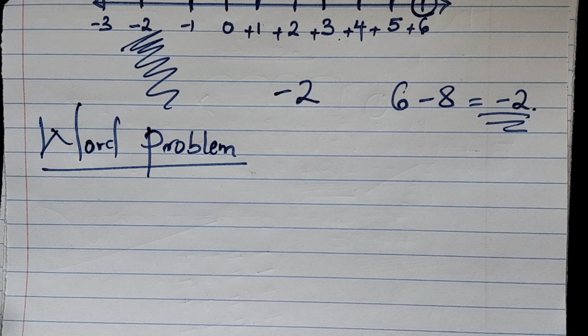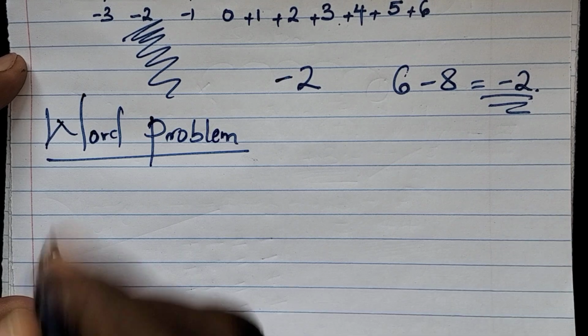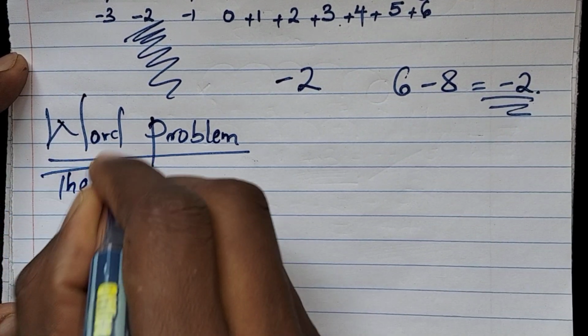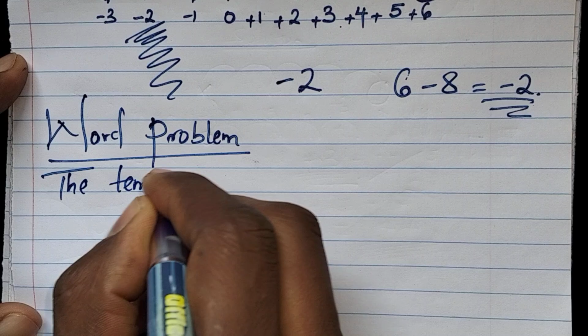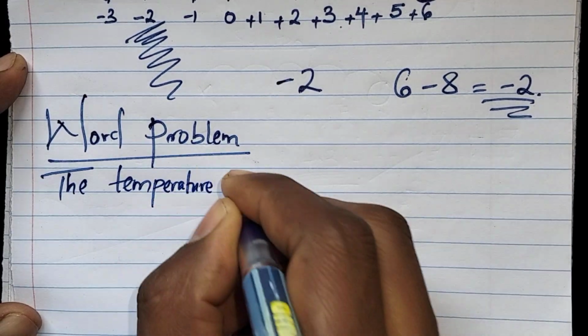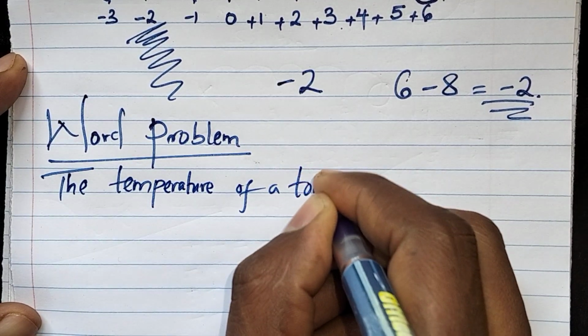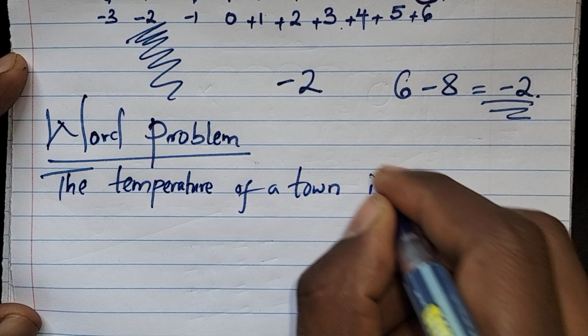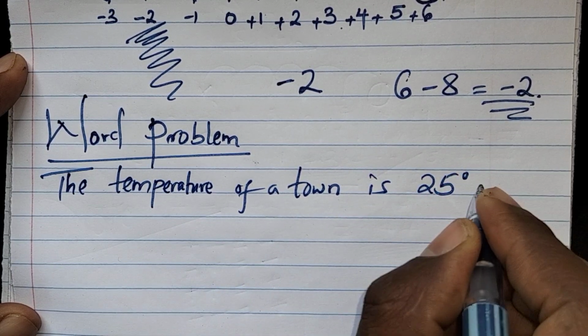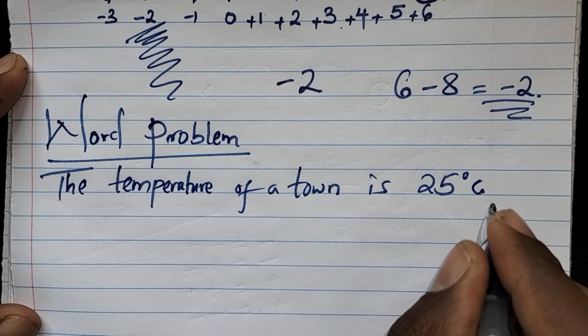Write the following example. The temperature of a town is 25 degrees centigrade.